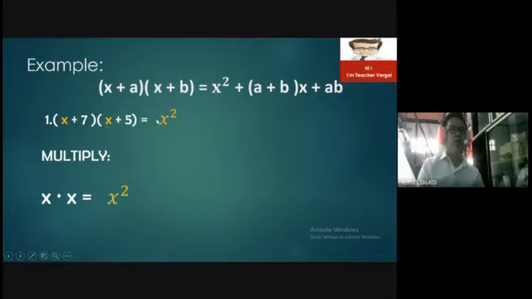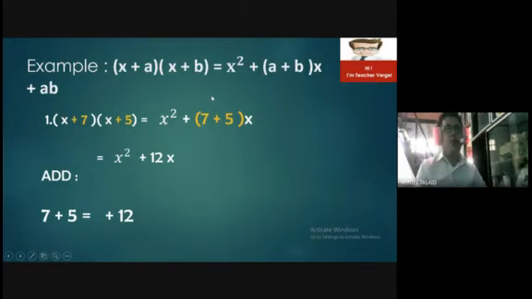So x times x is x squared. That is now the first term of the product. To get the second term, you just add 7 and 5, that is a plus b in our pattern. So 7 plus 5 is 12. So that is plus 12, bring down x.